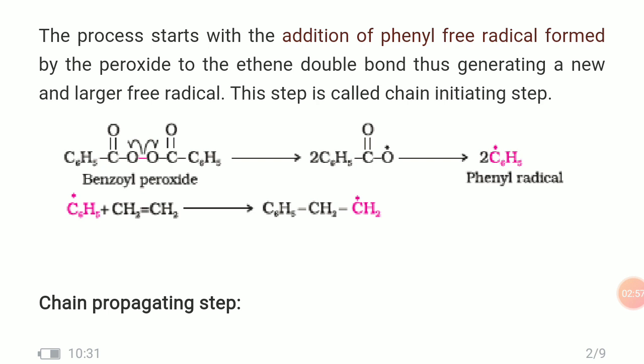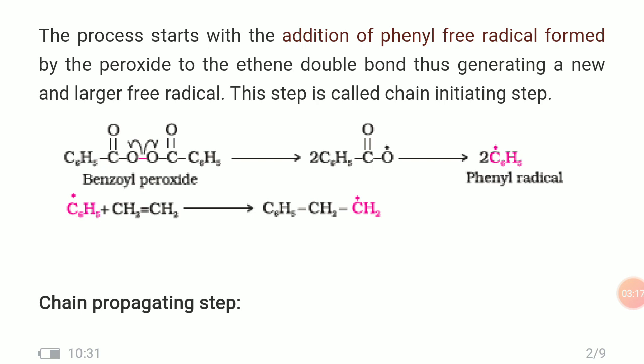The phenyl radical, which contains an unpaired electron, reacts with ethene. Ethene contains a pi bond. The pi bond is a very weak bond.